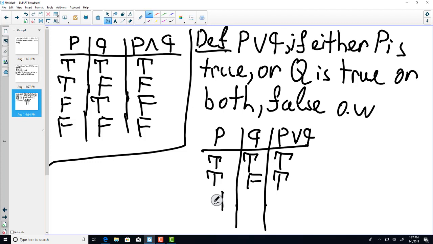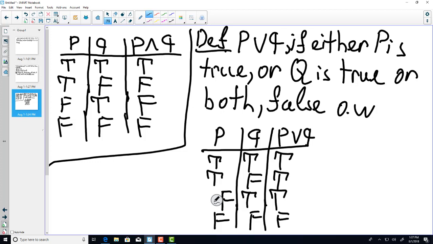For false, true, we have true, and when both of them are false, we have false. A simple example can be a statement that in your first semester you will take Econ 629 or you will take Stat 630. So if you take either of these classes, then this statement is true.